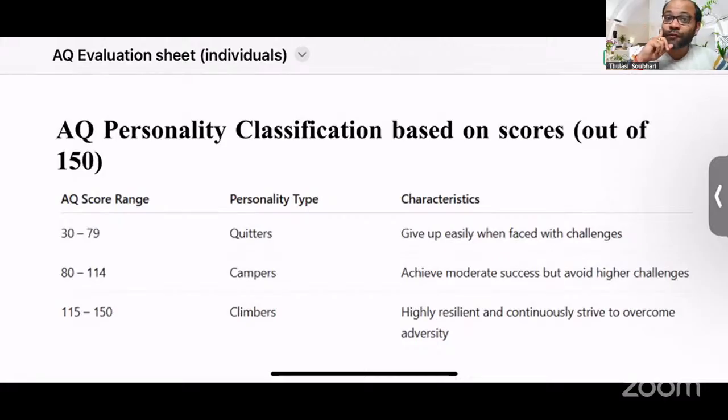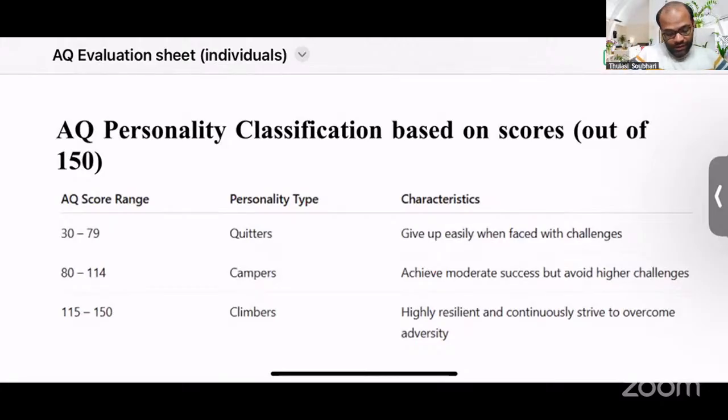Because Joseph Murphy clearly states in his book, The Power of Your Subconscious Mind, that whenever you are in your subconscious mind, the true self comes out. So don't become conscious. Subconsciously, you need to fill this up.